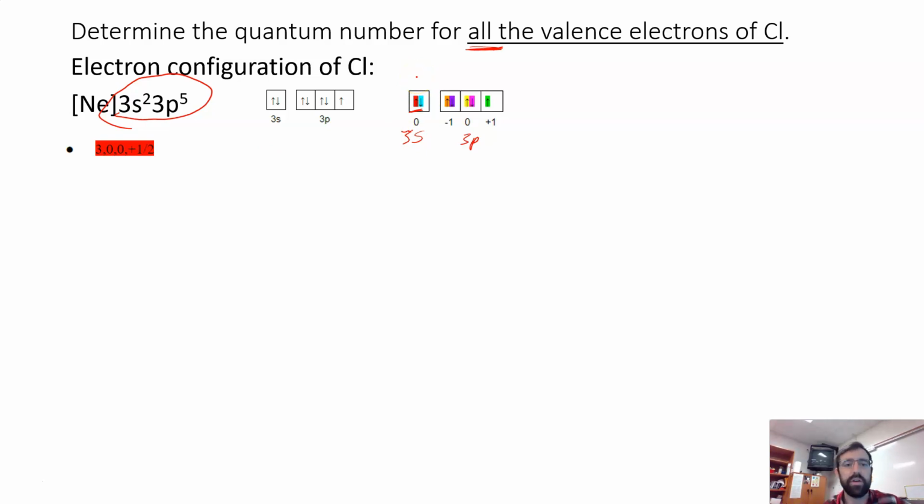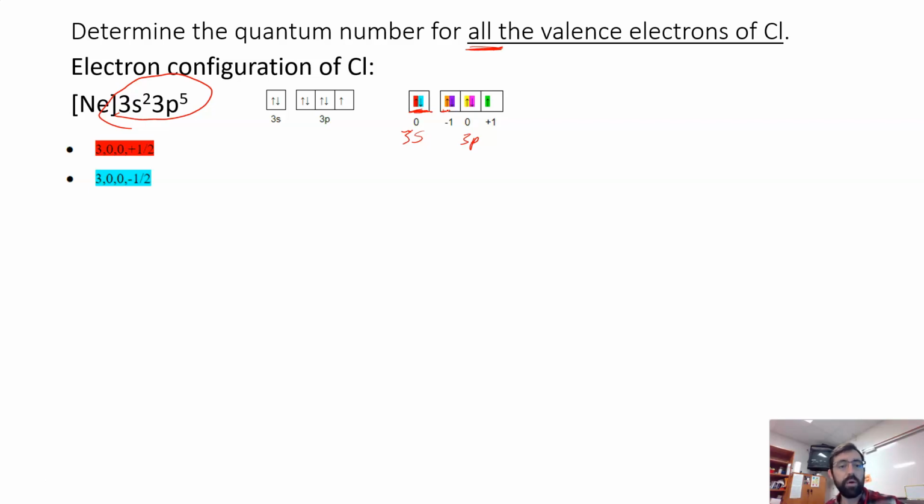The next electron is this blue one that is facing down. 3, 0, 0 again, but this time it's a down arrow, so that's -1/2. Our next electron is the up arrow right there in the p sublevel. So to describe that, we would say it's 3 because it's in the 3p sublevel.